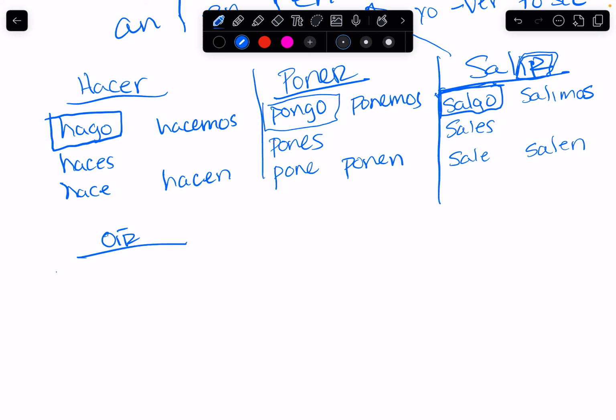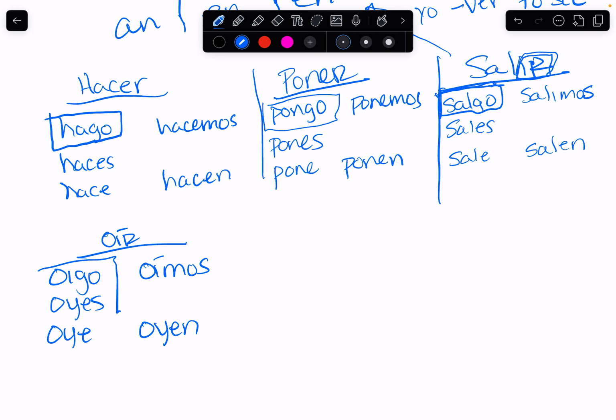It goes like this: oigo, so that's irregular, oyes, oye, oímos, oyen. This is the boot formation that tells you that these inside the boot are irregular, so you just have to remember them.